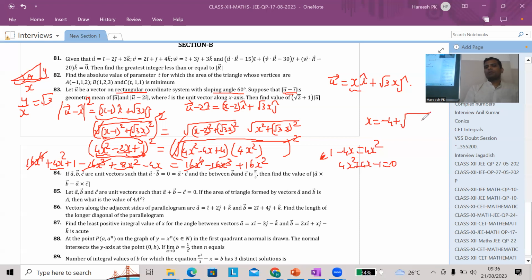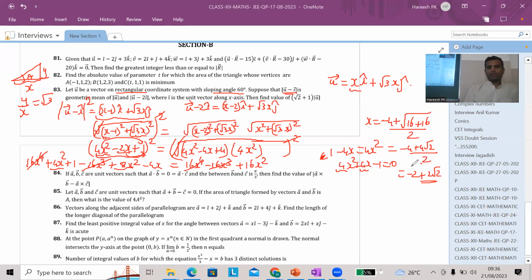Minus 4 plus root of b square which is 16, minus 4ac, 16 plus 16, by 2. You get minus 4 plus 4 root 2 by 2, which is minus 2 plus 2 root 2 by 2. Correct? Yes.